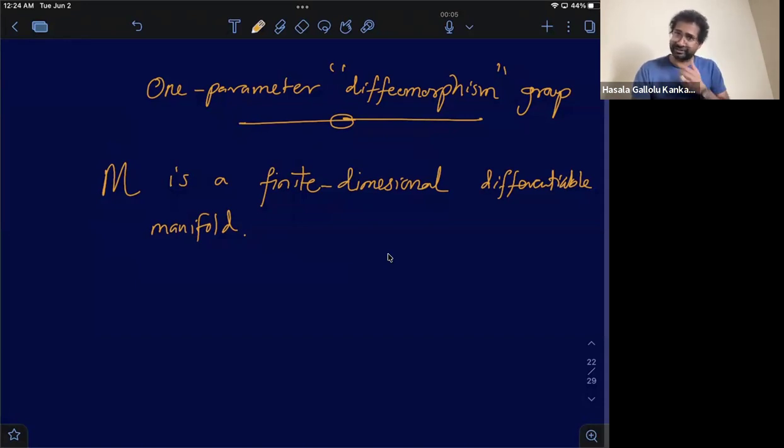Euclidean spaces are finite dimensional, right? And then differentiable. When you say differentiable, you know what differentiable means in the context of a function, but what do we mean by a differentiable manifold? You're going to have this smoothness given to a set.